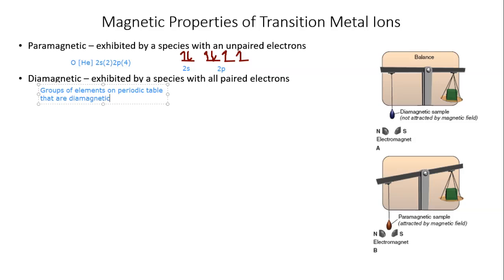And those groups are group 2, so the alkaline earth metals are diamagnetic.